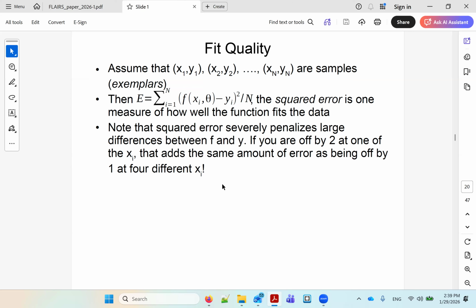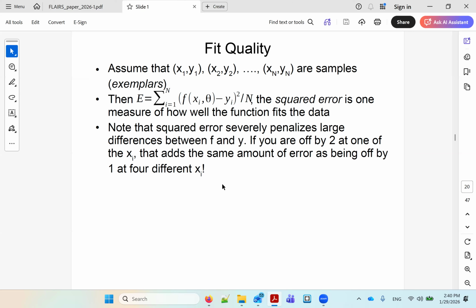So be thoughtful about it. The square law is like, if you're off by 2 at one point, that's the same as being off by 1 in 4 different locations. Just to emphasize the point, do badly in one location, it counts for a lot. Okay, so keep it in mind.